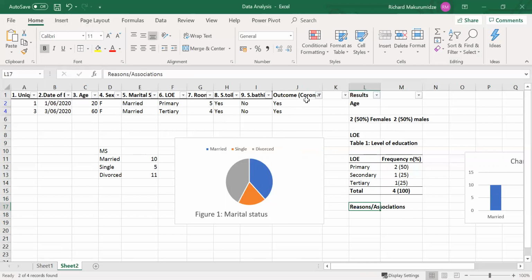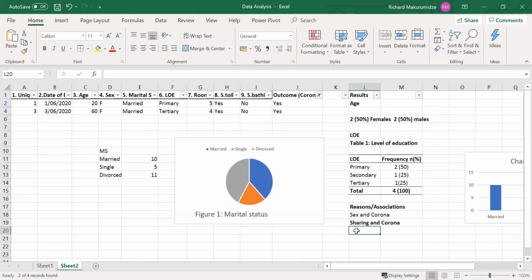As I said, we want to see the relationship between maybe sex and corona, or the relationship between sharing and corona.